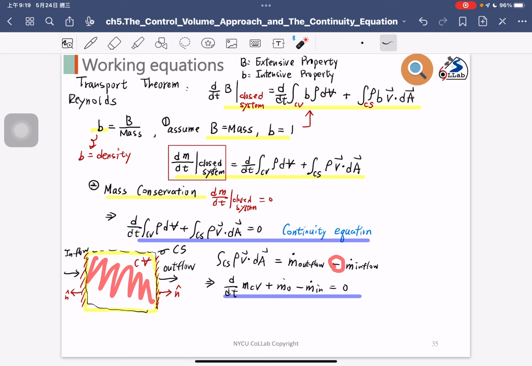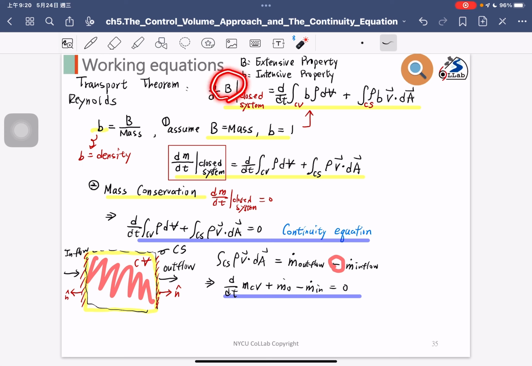Okay, so this slide just summarizes what we taught in the last class. The most important thing is the Reynolds transport theorem. When we put the extensive property to be the mass, and assume the mass is conserved, we will have the continuity equation in this chapter. In the following chapters, chapter 6 and chapter 7, we will replace the capital B here with different properties.